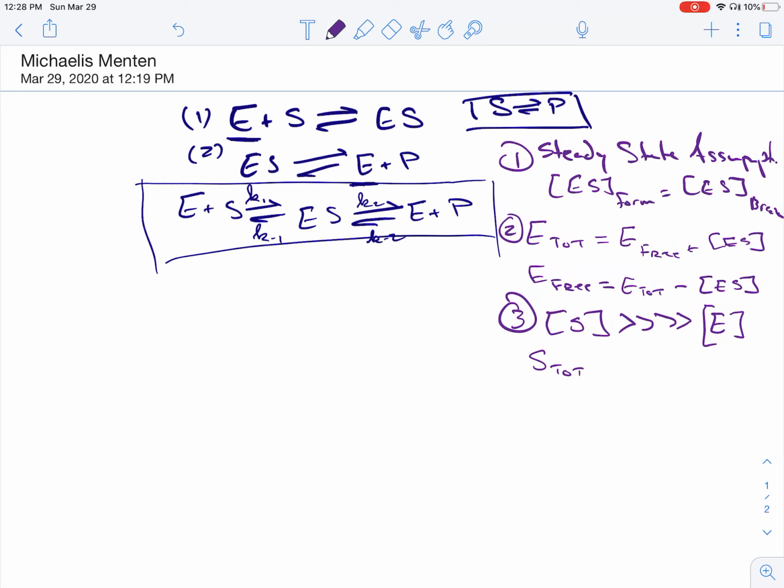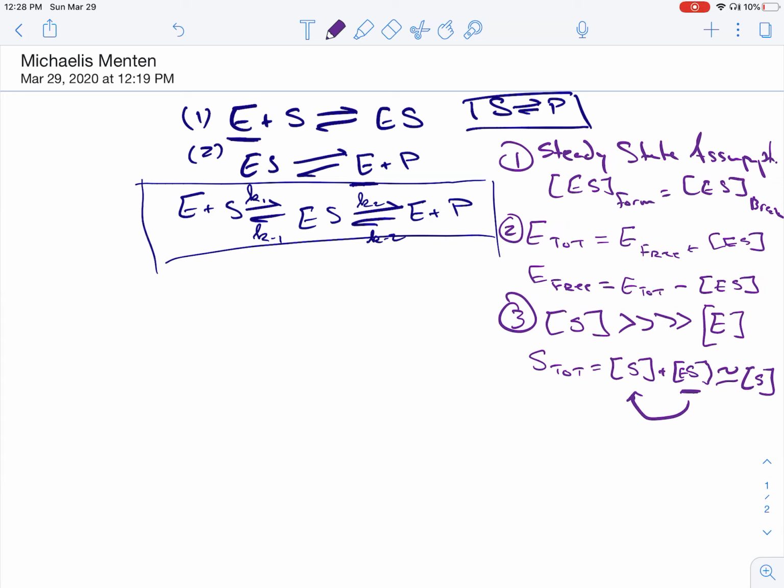So we can say the total substrate concentration is equal to the free substrate plus the amount of substrate that's bound in enzyme, and that all of that is basically equal to free. Or to put another way, the amount of substrate that's bound in enzyme at any given time is negligible relative to the amount of free substrate. And that just allows us not to have to deal with the amount of substrate that's bound to enzyme at any given point.